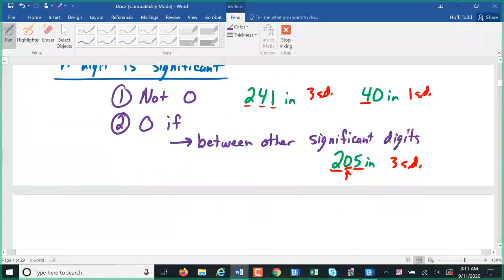This next one is the part that's tricky. If it is otherwise numerically unnecessary.